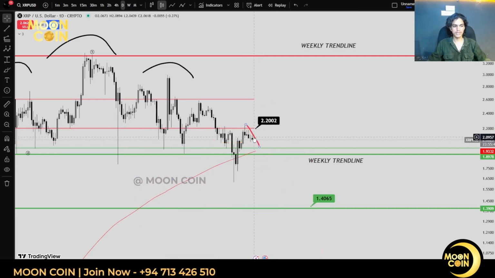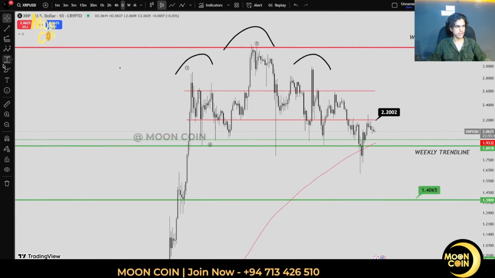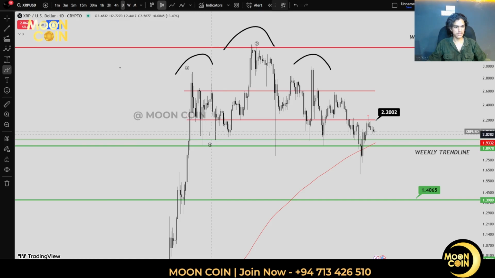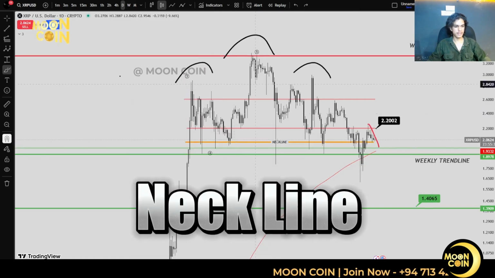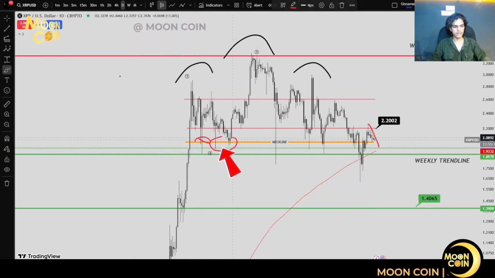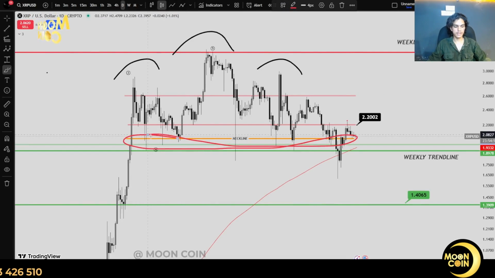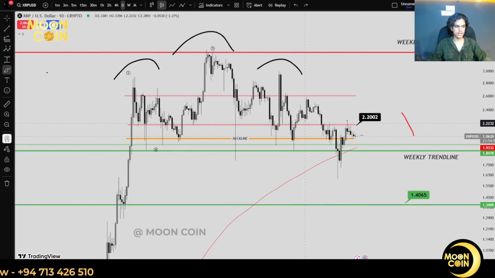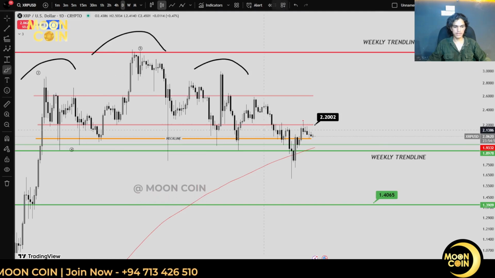There's another trend line that has acted as a trend line here. I mentioned this as a neckline. We have the first mitigation and several mitigations here, so this is a good price level which the market has mitigated many times. So I consider that the second key level, and the market is currently testing that level.